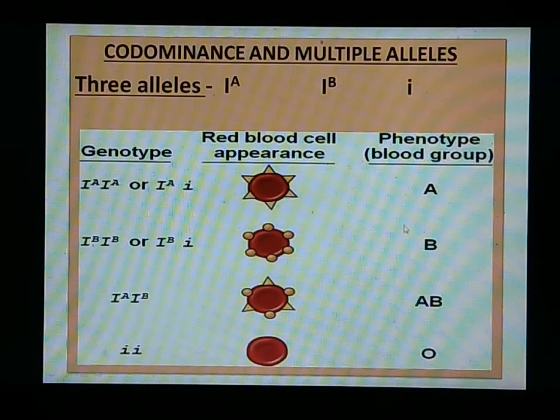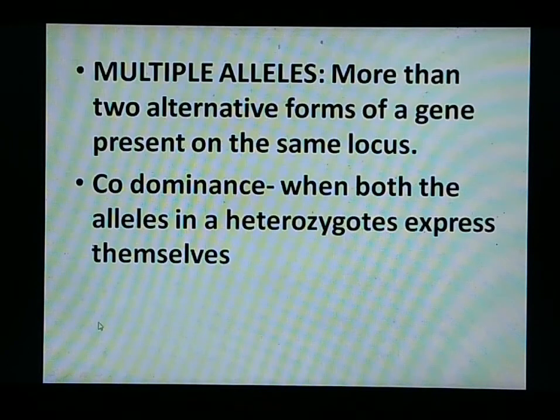Now we know that in diploid animals or diploid humans, there can be homozygous or heterozygous combinations. So any 2 types of alleles will be present. Though in the population there are 3 types of alleles, based on the combination of different alleles, there can be 6 combinations which we can see in the population.